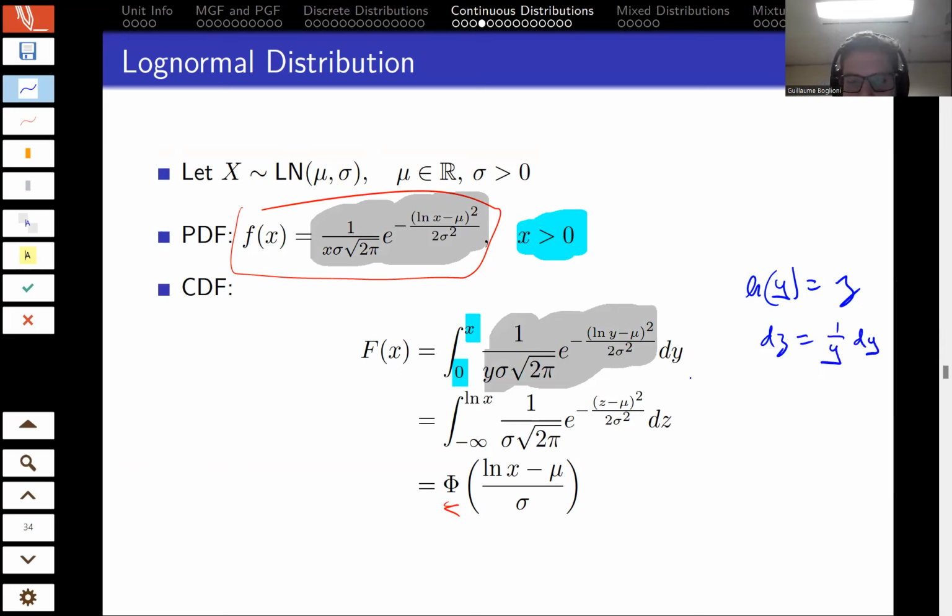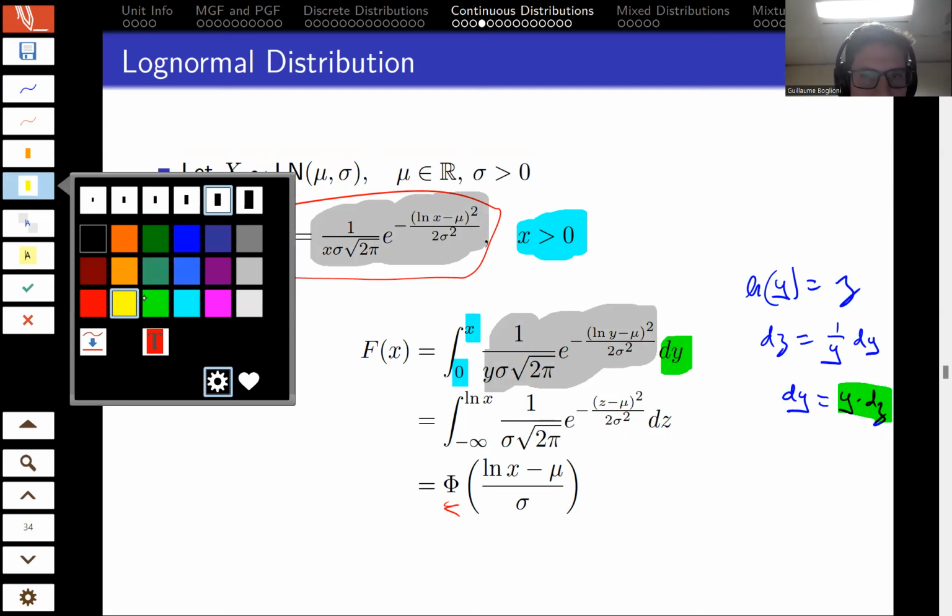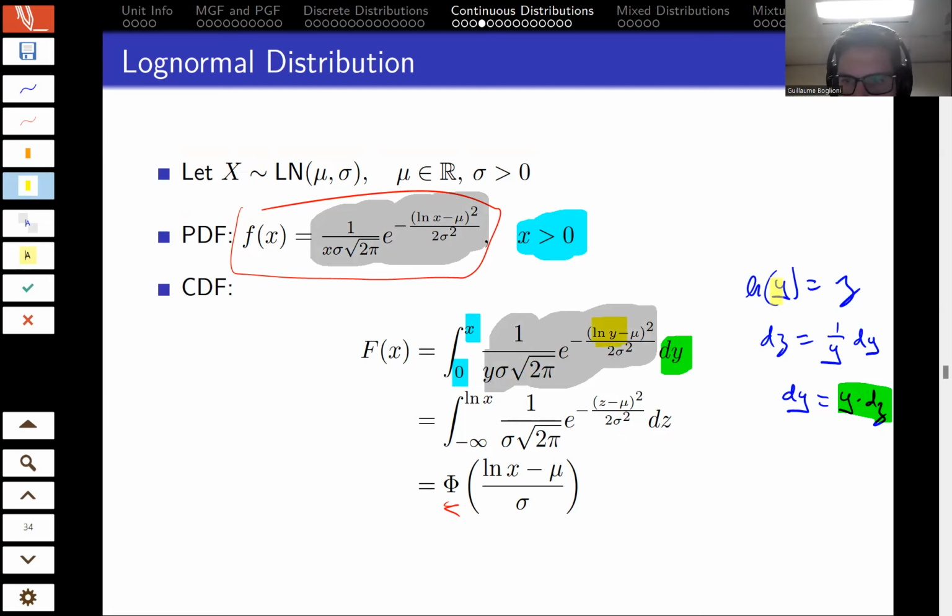That creates a nice simplification, because we then have dy is y dz, which means there's simplification over there. If you replace dy by y dz, then this y here is going to cancel. You're going to get dz, and then everything else is the same. It's just that here we also have ln y, which is our z here, and careful with the bounds of the integral that change as well.